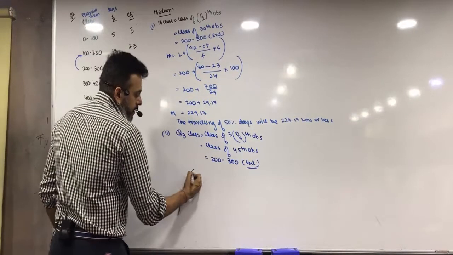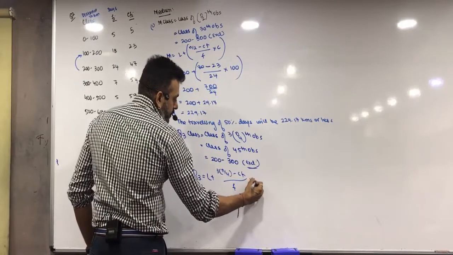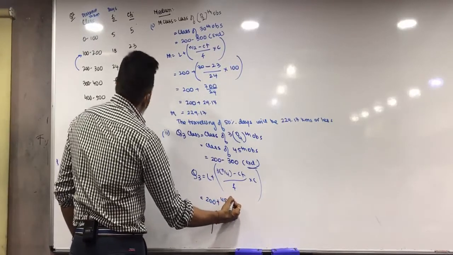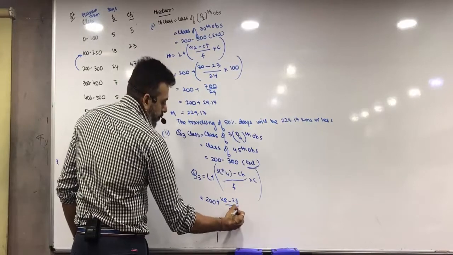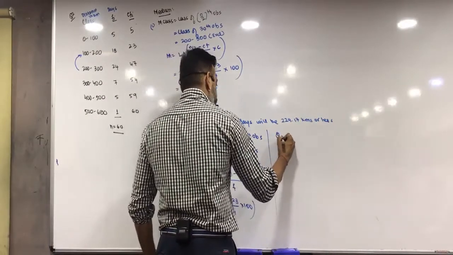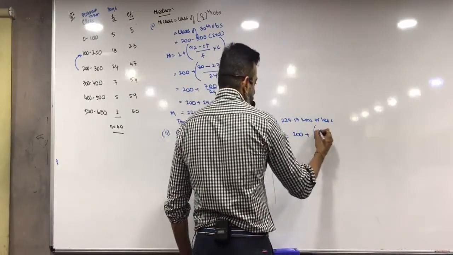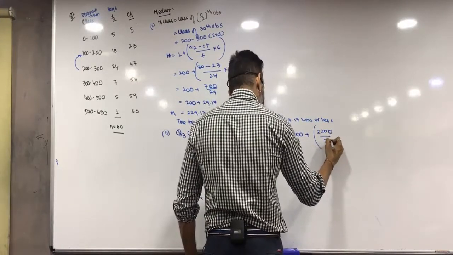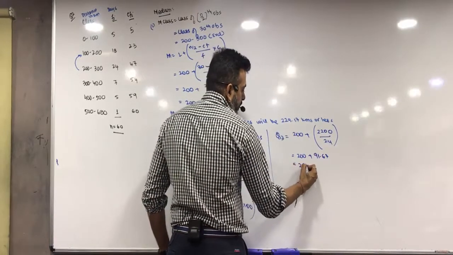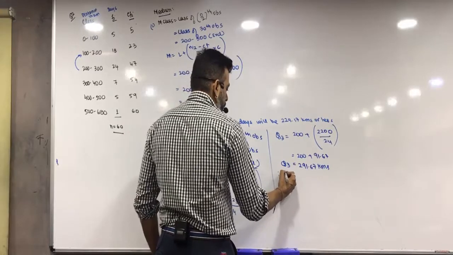Q3 is equal to L plus 3n by 4 minus CF upon F into C, which is 200 plus 45 minus 23 upon 24 into 100. 45 minus 23 is 22, into 100 upon 24, which is 91.67. So it is 291.67 kilometers.